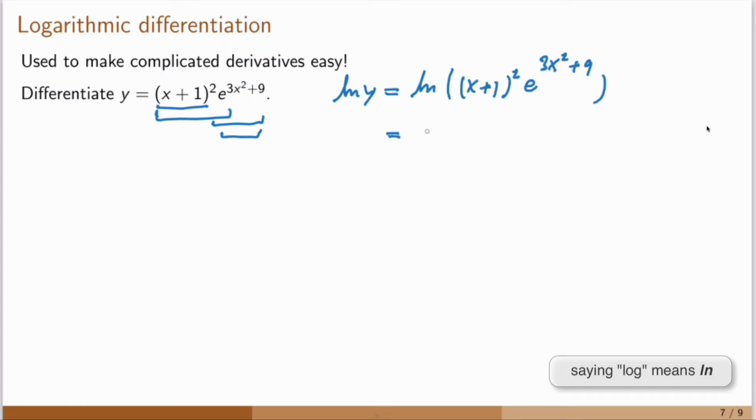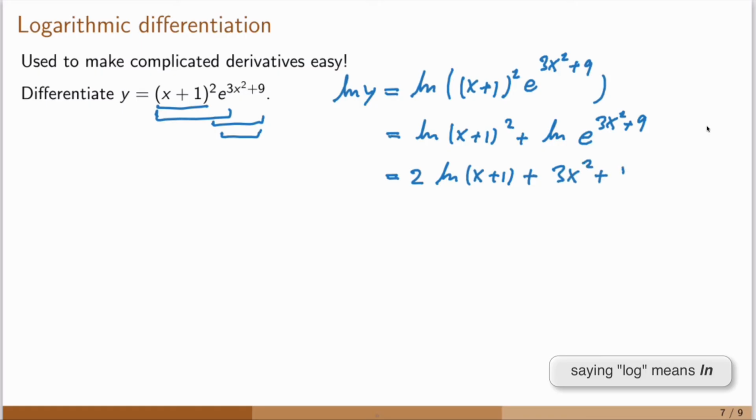So then we write this as log of x plus 1 square plus the log of the exponential bit, 3x squared plus 9. And now we use another log rule for the exponent, so then this is 2 times log of x plus 1 plus 3x squared plus 9.